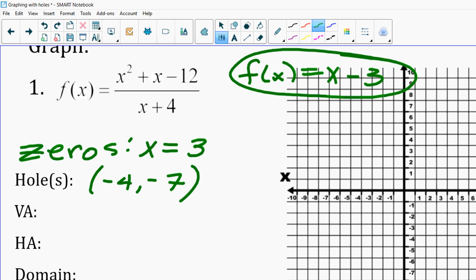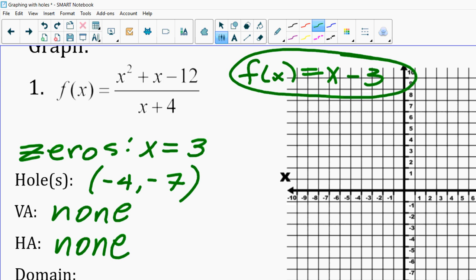This is not a rational function because there's not a variable in the bottom, because there's not a bottom. There's not a denominator. So I don't have vertical and horizontal asymptotes because I don't have a denominator with an x in it. So I don't have anything there.